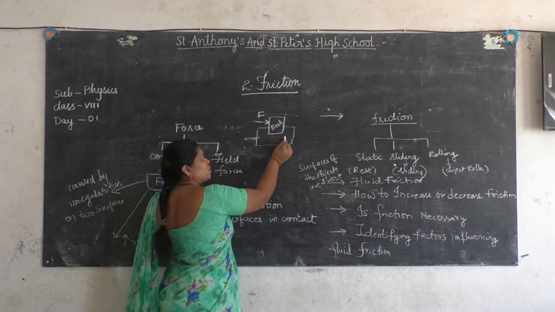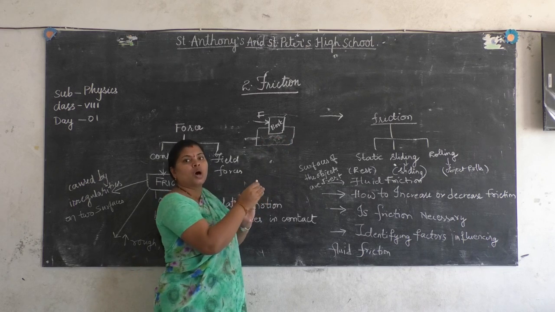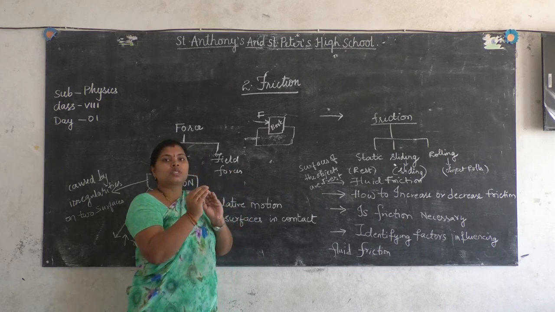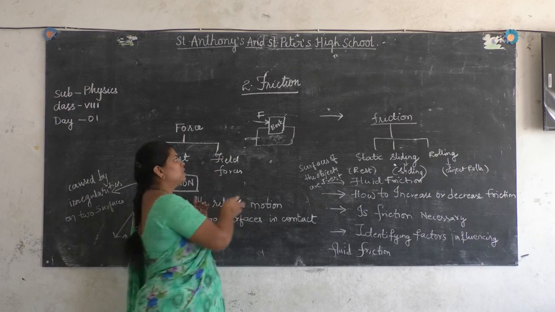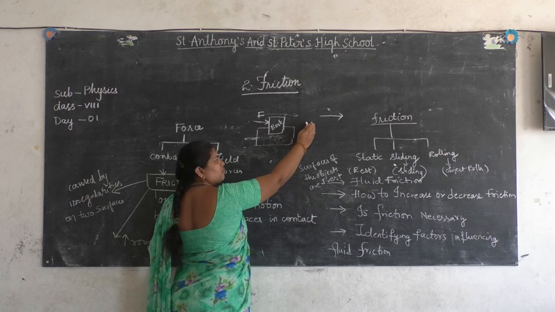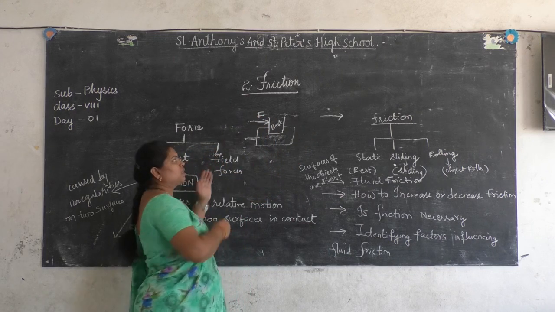Then the surface of the table offers a frictional force, or it exerts some force which opposes the motion of the book. The direction of the motion of the book is in this direction, as the applied force is in this direction.